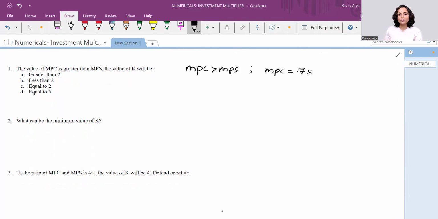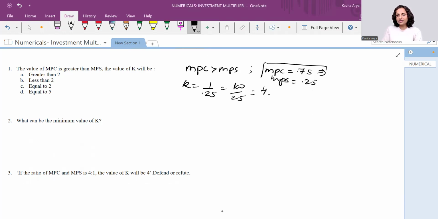So let's find what would be the value of K. If MPC is 0.75, this implies MPS would be 0.25, and hence K would be equal to 1 by 0.25, that is 100 by 25, and that is equal to 4.